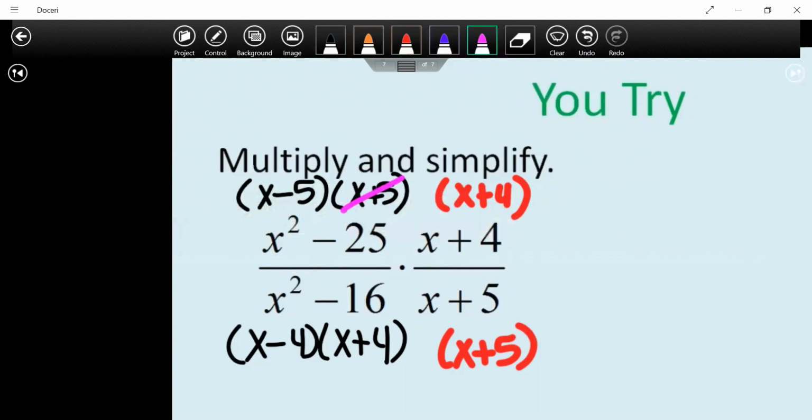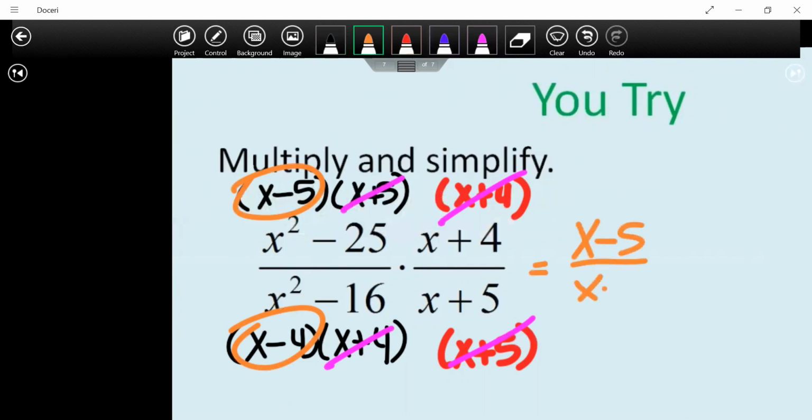Positive 5 is going to cancel with our positive 5, positive 4 with positive 4, remaining with our last two terms, which is here and here: x minus 5, x minus 4. Cool.